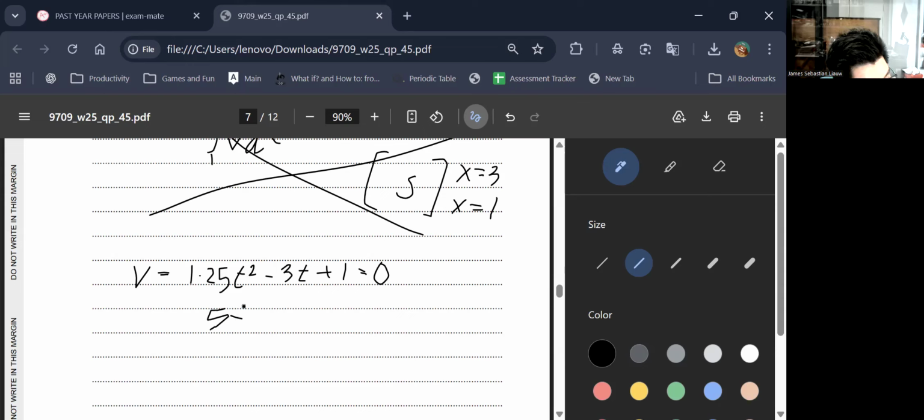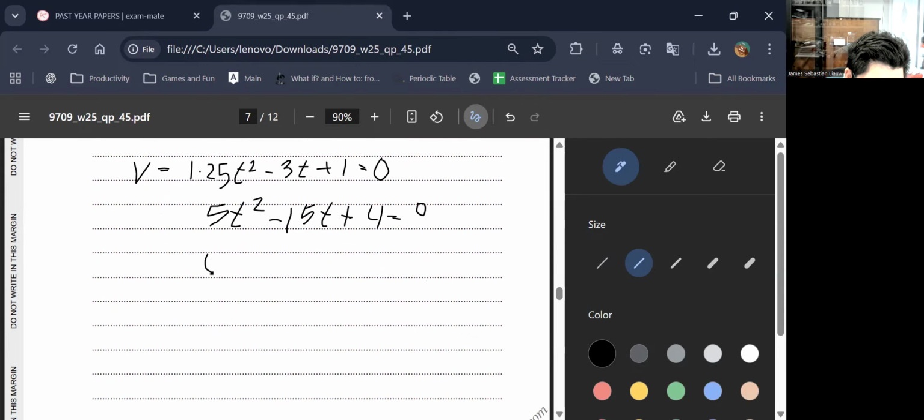Of course, we have to check for the presence of a moment that P is instantaneously at rest. Oh, there is. P is instantaneously at rest at t is 0.4 and t is 2.